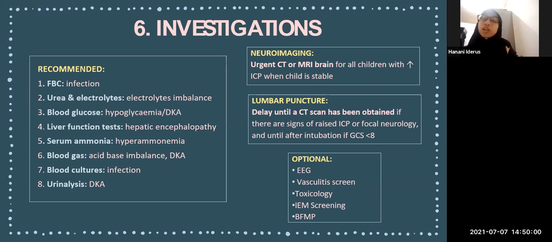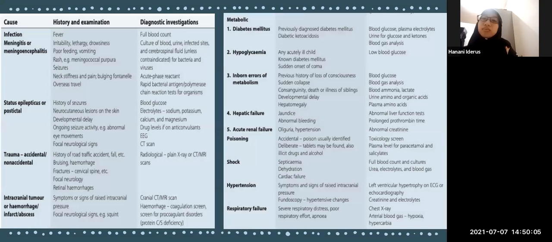Okay, so next. This is basically a list of causes paired with history and diagnostic investigations for altered conscious level. I will not go through this because I have summarized it all in my previous slide. So next.